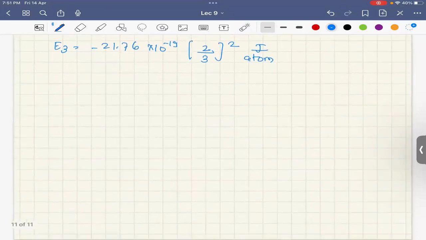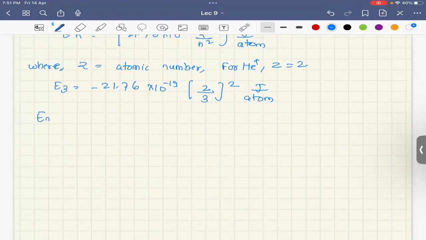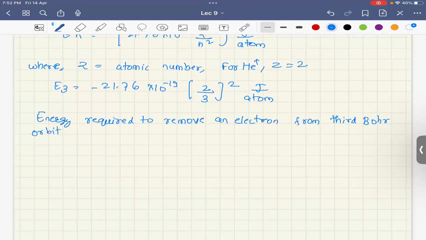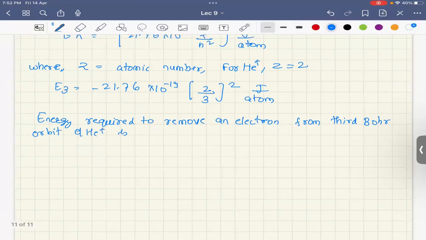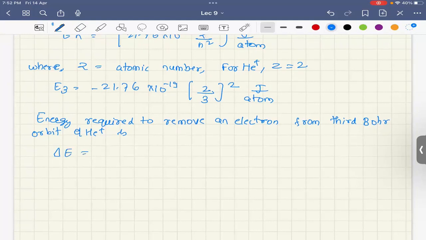Right? Now the energy required to remove an electron from third Bohr orbit of He plus ion is going to be what? Delta E, right? Which is nothing but E infinity minus E3, right?